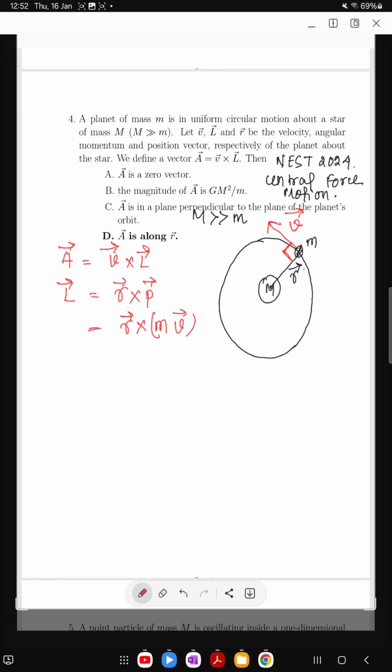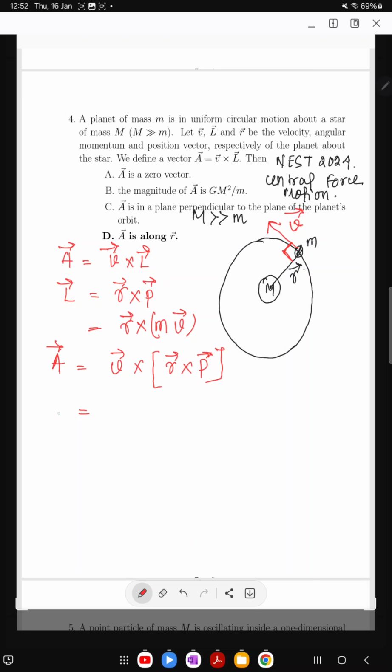So let's solve this equation: A vector is equal to V cross, let's put the value of L, that is R cross P. This is the condition of the vector triple product.